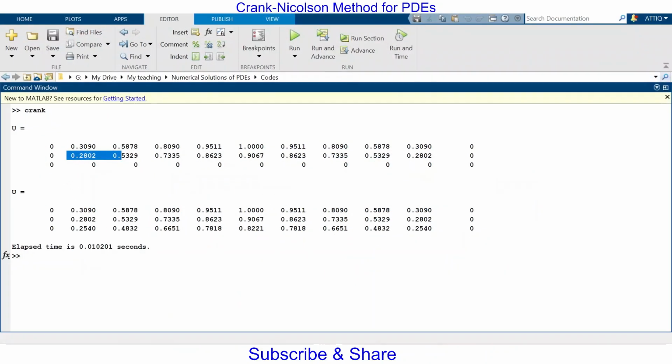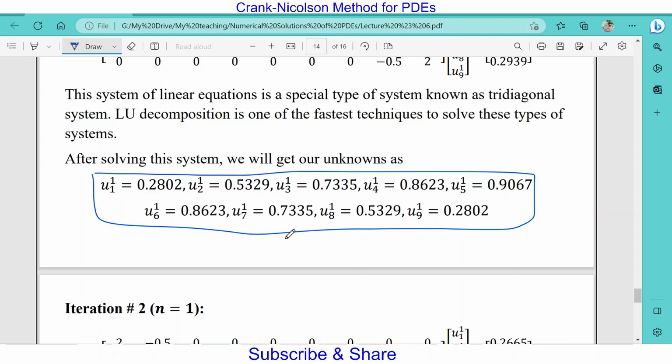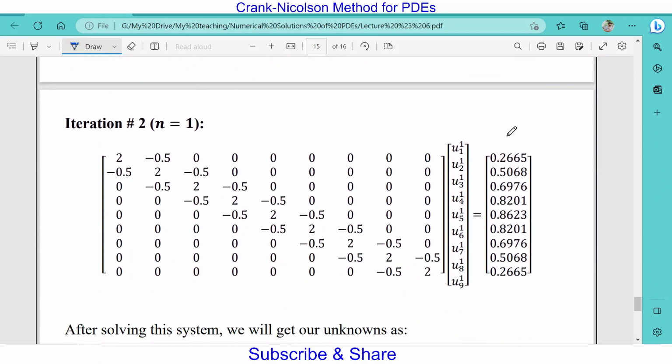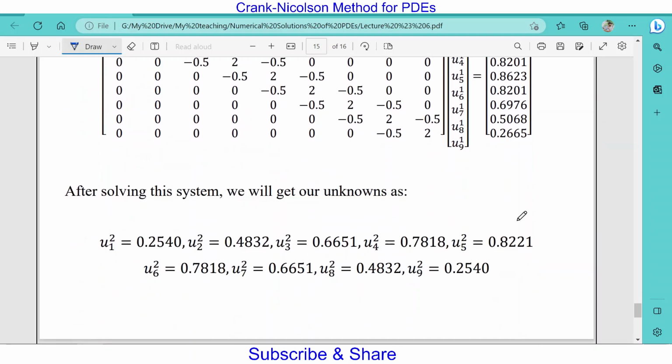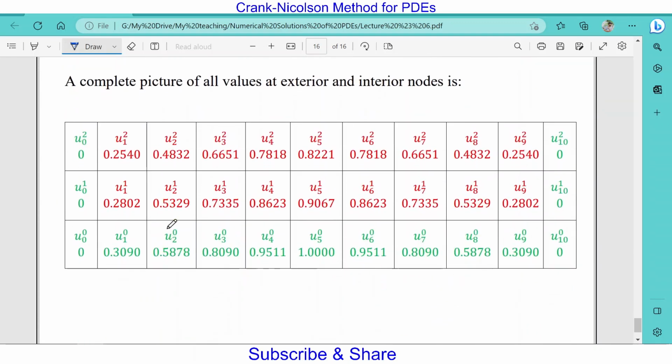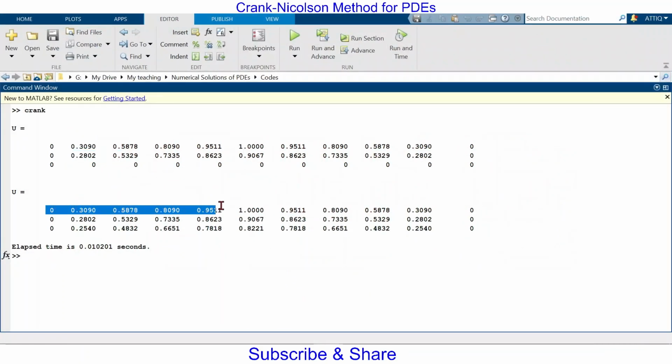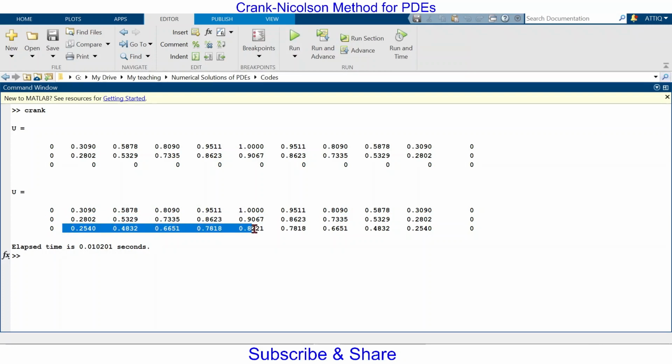Now these will be used in the second iteration to compute the w, and the w for the second iteration will be this, and then we will solve it to get these results, and this will be the final form of the mesh. So these are the initial condition, first iteration, and second iteration values.